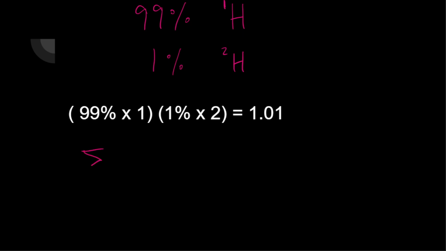So the sum, this is the summation sign in math. It's not epsilon, it's sigma, okay? Sigma, this is the sigma sign. So the sum of every isotope. So for example, 99%, you can't put 99%, you've got to put 0.99 times 1 AMU.